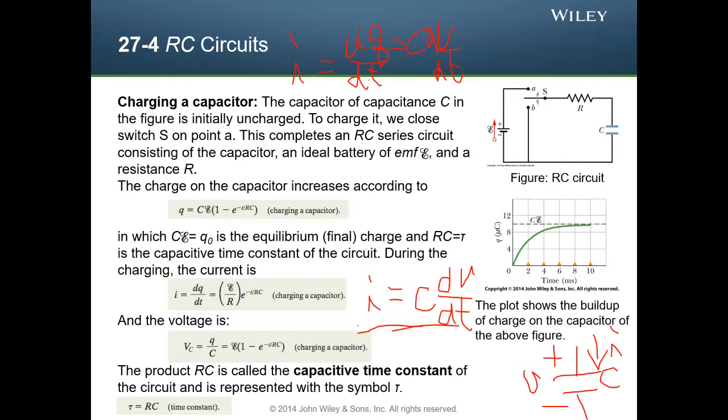Then I integrate from 0 to infinity, and the Fourier transform will be something like this.